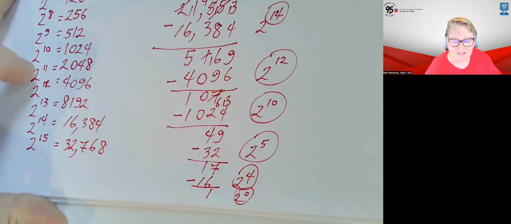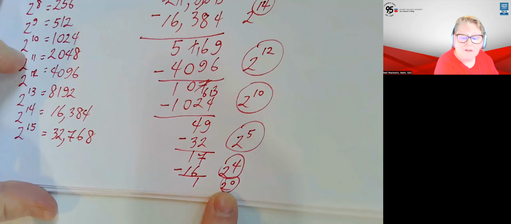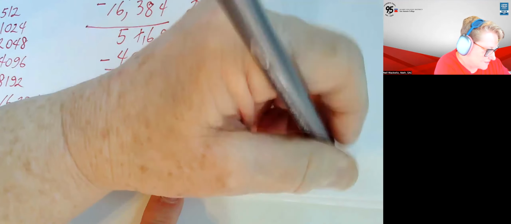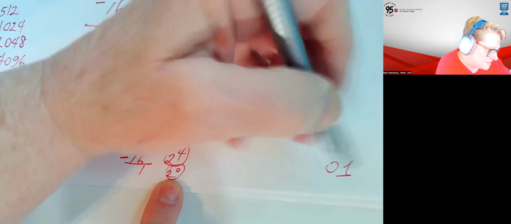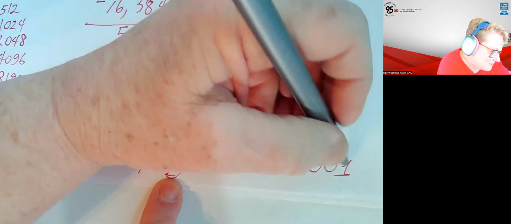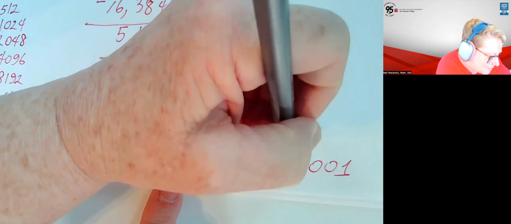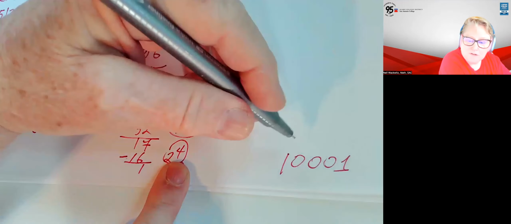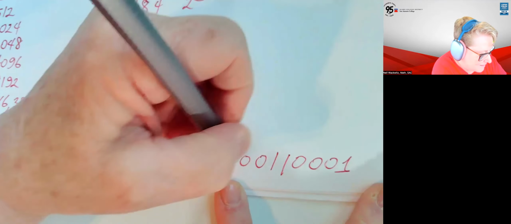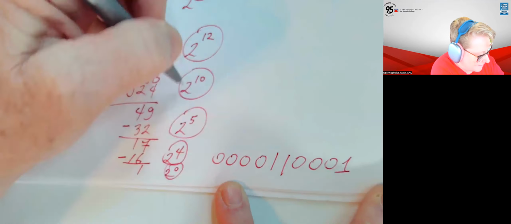Let's see what our number is. So we have 1 in the far right place, and then 0, let's see, first place, second place, third place, and then 0, 1, 2, 3, 4. Here's our 2 to the 4th, 2 to the 5th, and then 6, 7, 8, 9.